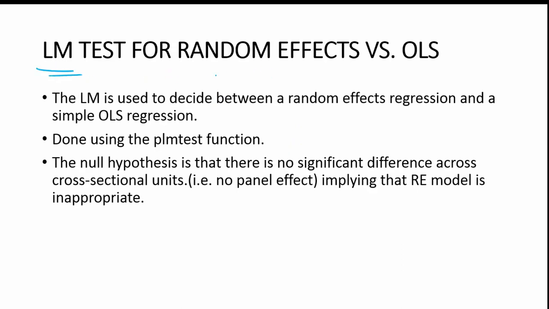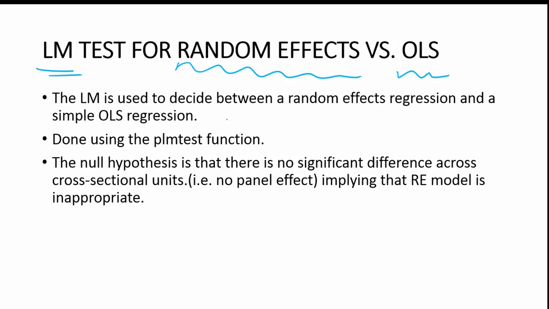It is used to decide whether your data fits random effects versus OLS. You might wonder that we are confused about random effect and fixed effect, so why are we testing with respect to OLS. We'll see that. So let's just bear with a few more slides. We'll have everything in place. Listen to me just a few more minutes and everything will be clear.